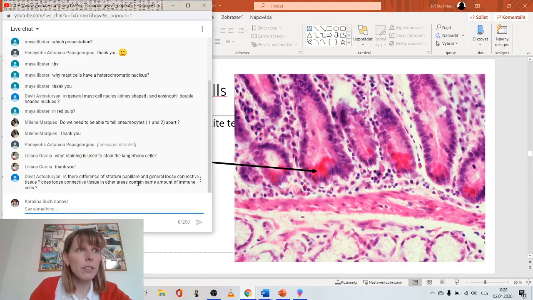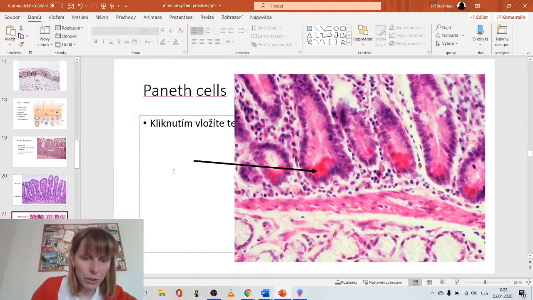And it's not a special connective tissue, it's quite normal, because in all the parts where you have loose connective tissue underneath epithelium, so it's either lamina propria or this stratum papillare, you will have quite a large amount of immune cells, because it's somewhere where you have a surface that needs to be protected, because you have a contact with the outer environment. So the amount of immune cells in lamina propria, for example here in the intestine and in the skin, will be similar. That's a good question, thanks.